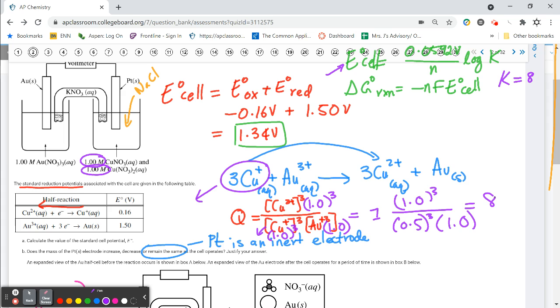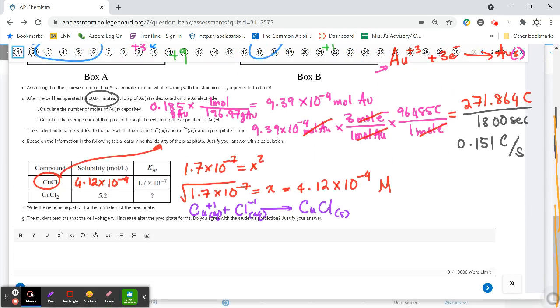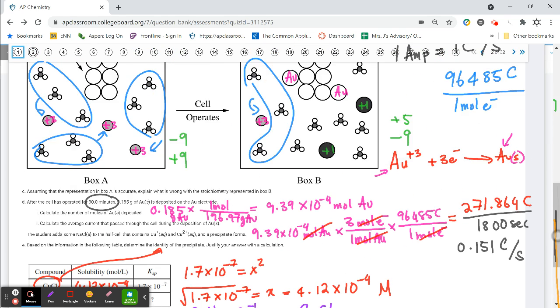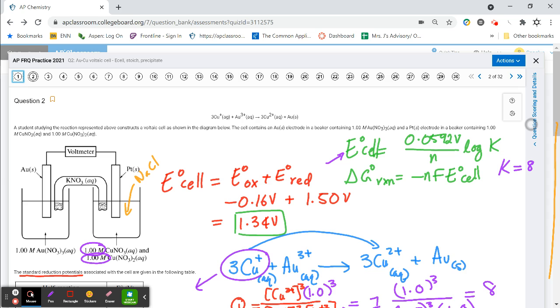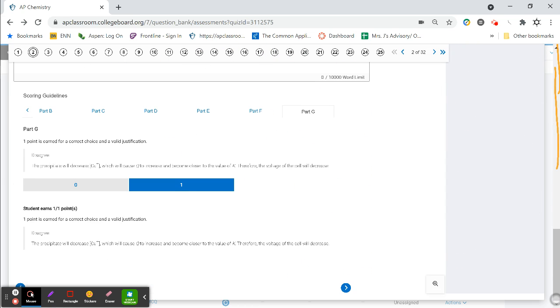So that explanation, that one line, is what it is based on. Your reactant concentration goes down, therefore your Q value increases, and therefore your voltage does not increase when the precipitate forms in this particular case.